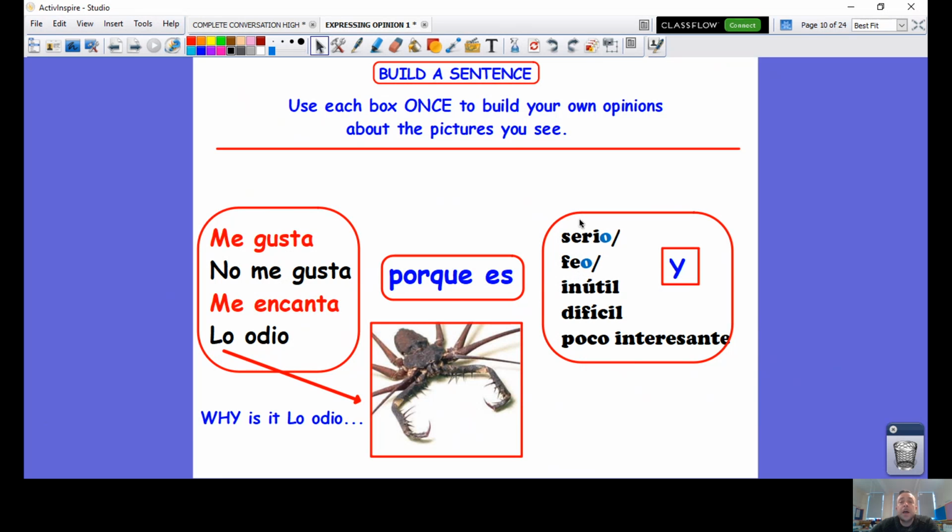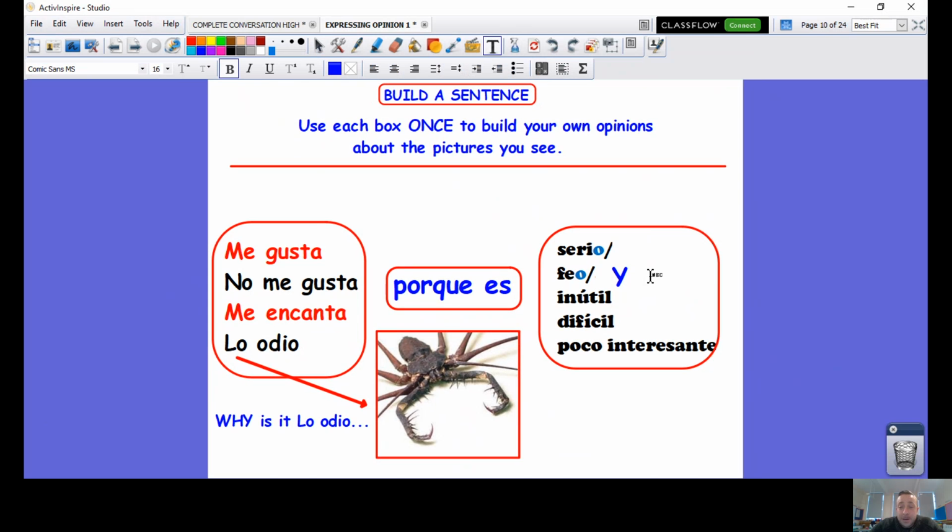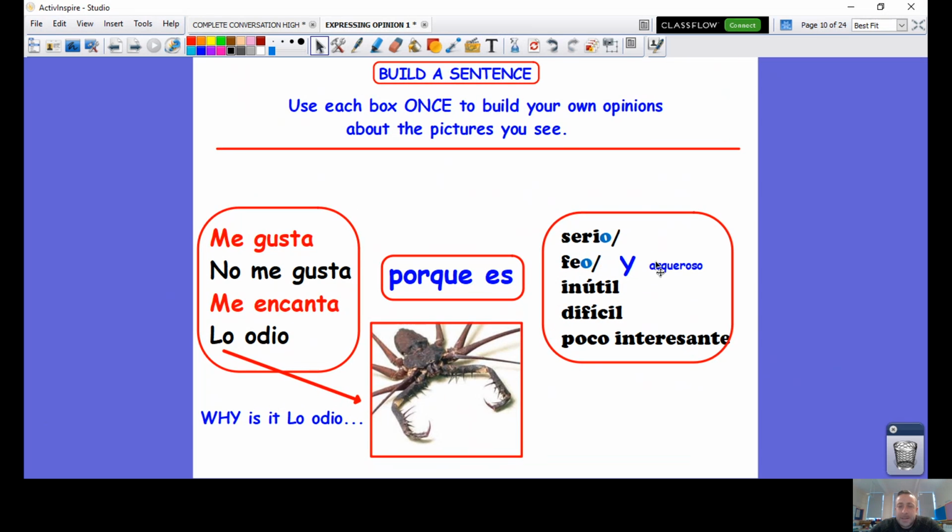How would I connect another adjective? That's correct. I could use my connector of y. And the adjective I would put here is asqueroso. Asqueroso means it's disgusting. So my sentence would read lo odio porque es feo y asqueroso.